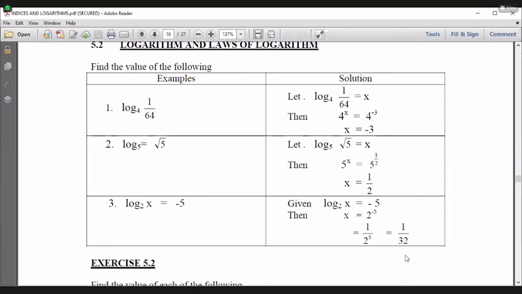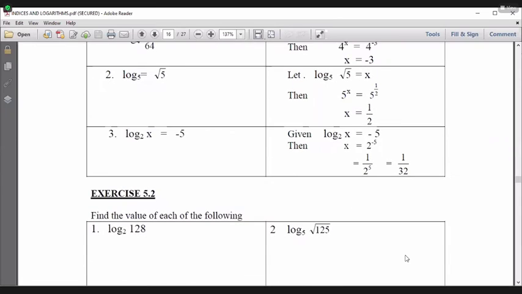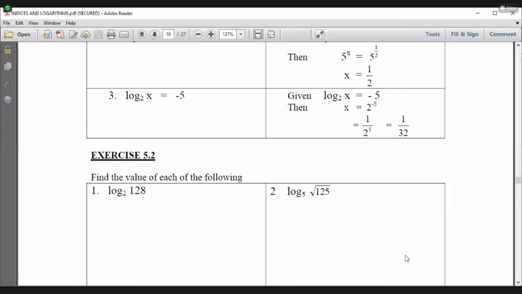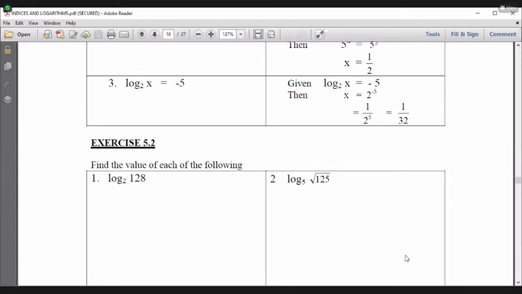There are some I want us to look at here together. Let's look at 1 and 2. I give you 4 minutes. Evaluate numbers 1 and 2, where it is written, find the value of each of the following.